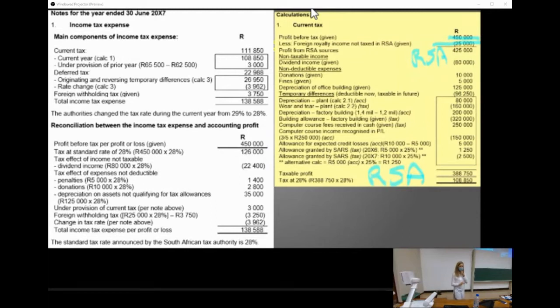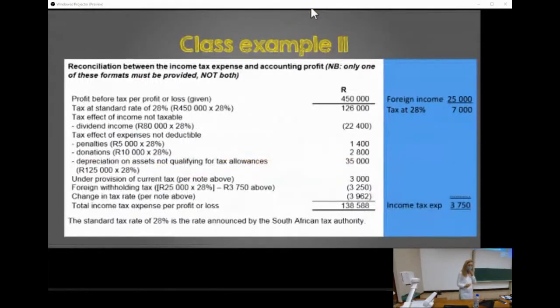So that's the first thing that you have to see here: in our current tax calc, for that foreign income, we had to deduct it to get to our South African income to calculate our taxable profit. I'm not deducting it in my statement of comprehensive income, it's still there as income. Just for my current tax calc, I'm taking it out. Good, so what happens now is included in that 450 is our foreign income of 25,000 rand.